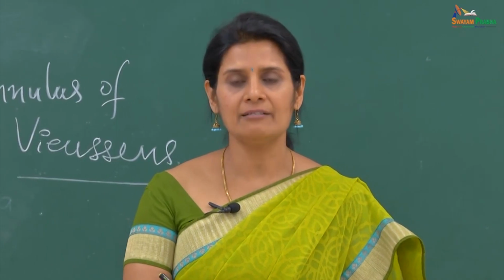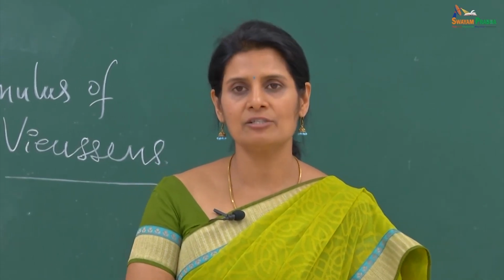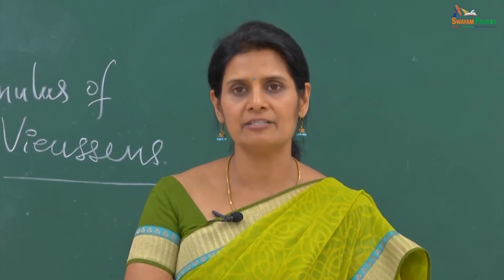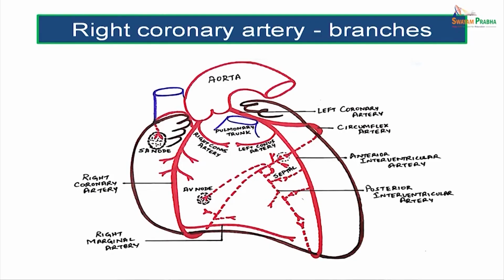When we look at the anterior branches supplying the right atrium, these branches will supply the sternocostal surface of the right atrium, and one of these branches, given off initially, the first atrial branch to the right atrium, is called the sinoatrial nodal artery.